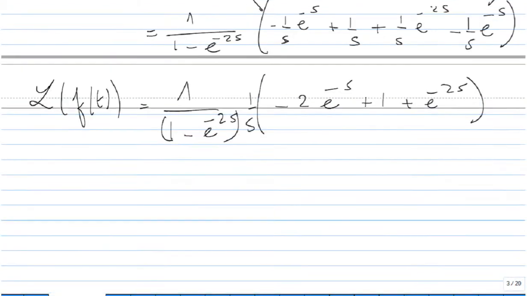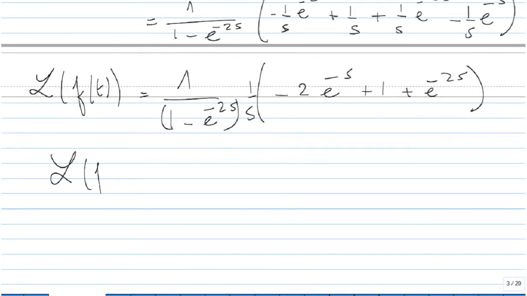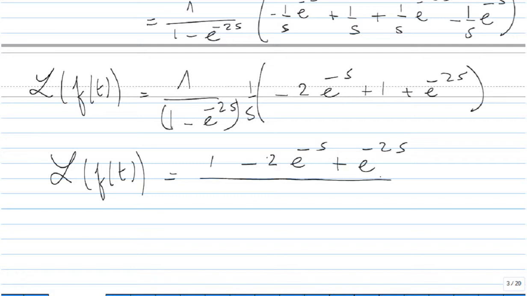So we have Laplace of f of t equal to 1 minus 2e minus s plus e minus 2s over s times 1 minus e minus 2s. So that is the formula we found by using the formula of Laplace for periodic functions.